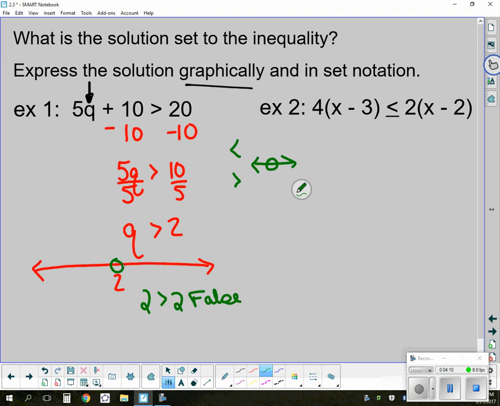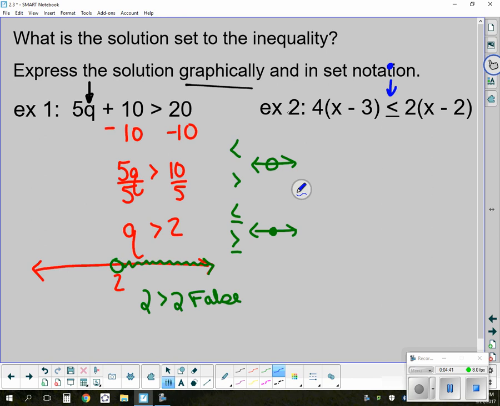So anything greater than 2 at all would be a solution. Now, if it had an equal to underneath it, then we would use a closed dot, and we would say we are including the number that it's on. So you would have to use a closed dot, because whatever we get for our solution, we're going to be also equal to it.